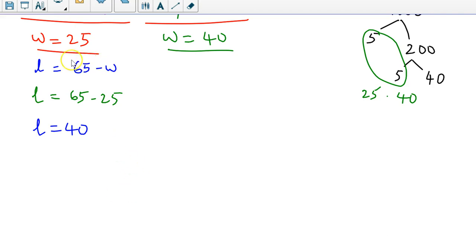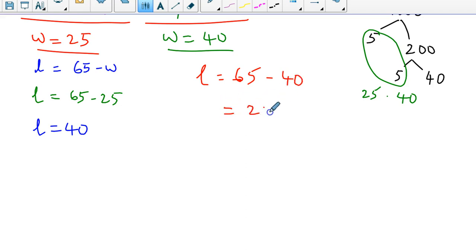So if the width of the rectangle is 25, for that width the corresponding length is 40. Similarly, if the width is 40, the length is going to be 65 minus 40, which is 25. The length is equal to 25 for the width of 40.